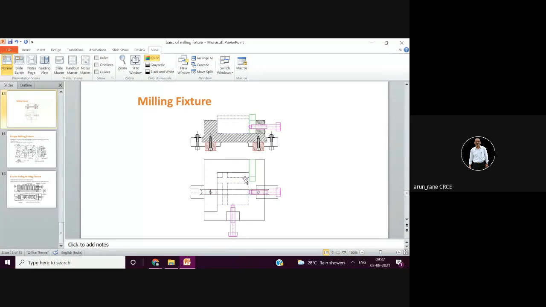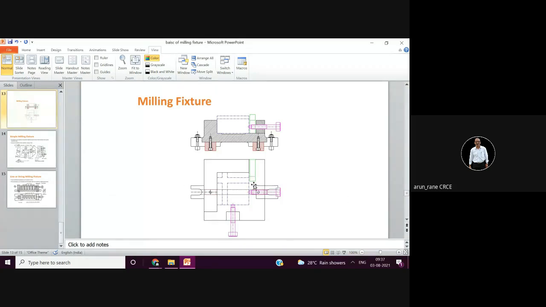Then this is the workpiece which is clamped in this direction as well as this direction, and you can mill this slot as well as you can mill this slot also. Initially you have to mill all these slots in this direction.